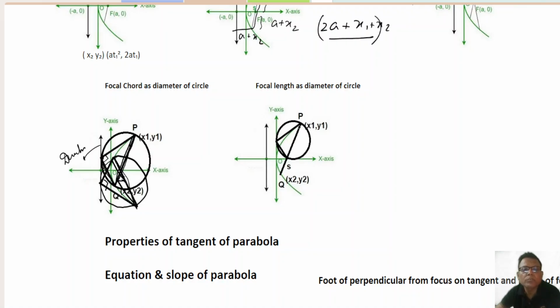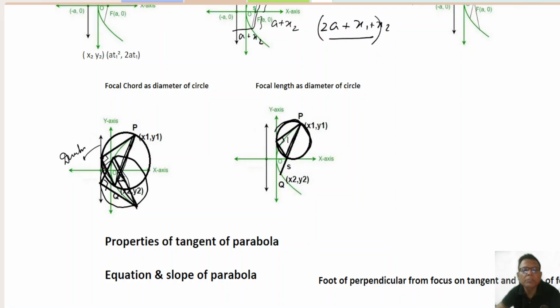Now this is a focal length, and draw the circle considering the diameter as a focal length. Then it will touch the y-axis. So again this will be 90.